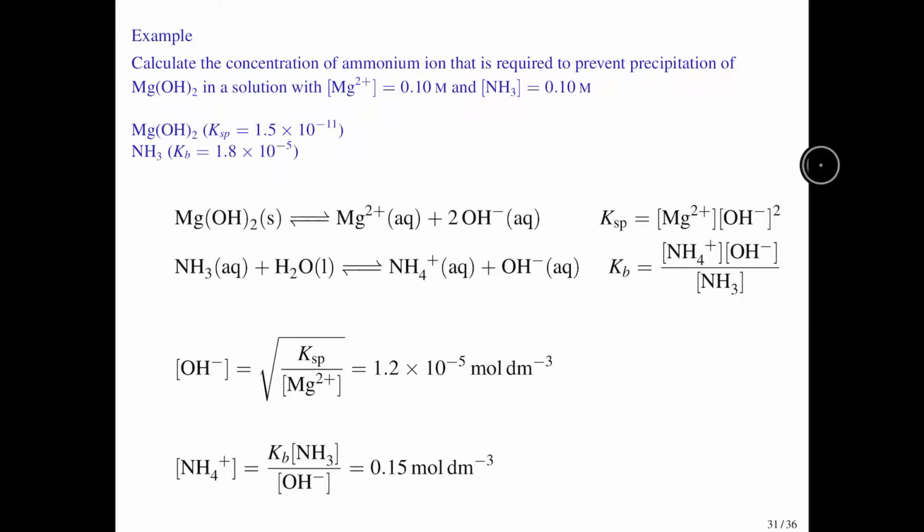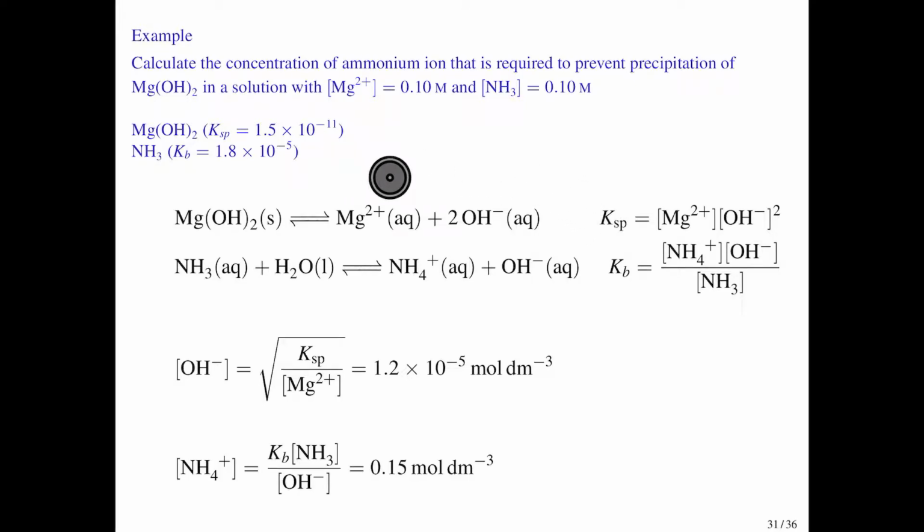So here we've got an example problem where we're being asked to calculate the concentration of ammonium ion that is required to prevent the precipitation of magnesium hydroxide. The magnesium hydroxide and the ammonia concentrations are set, and so these are the equilibria that are at work here. We've got the dissolution reaction involving magnesium hydroxide.